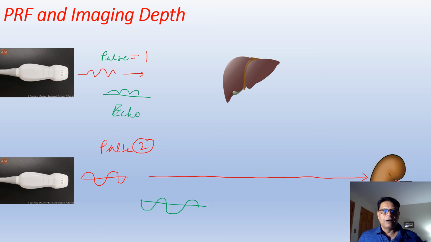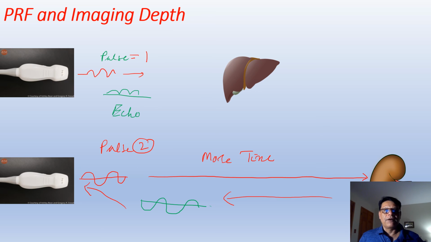It means pulse 2 will take more time to reach its target organ, and similarly it will receive the echo later, after a large time as compared to this one.